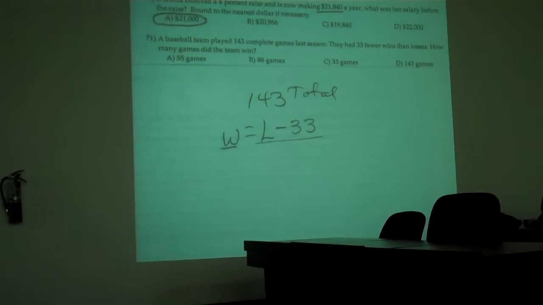Okay. That doesn't look right. That looks like they got more wins, right? So that's 33. That gives them fewer wins, yeah, they have fewer wins this way.